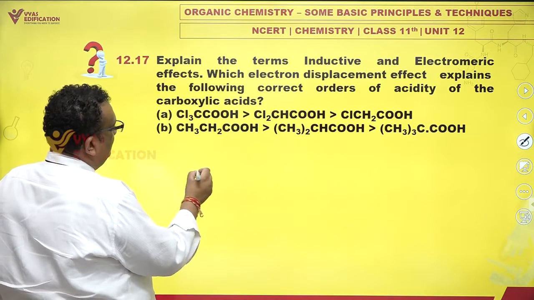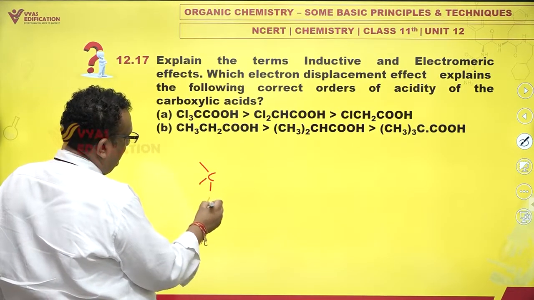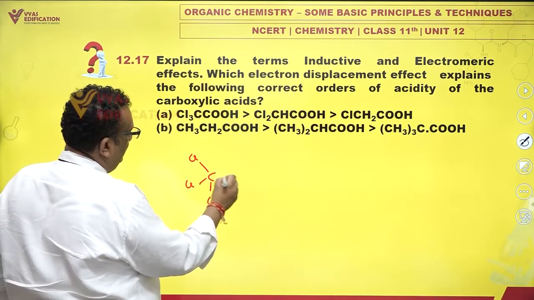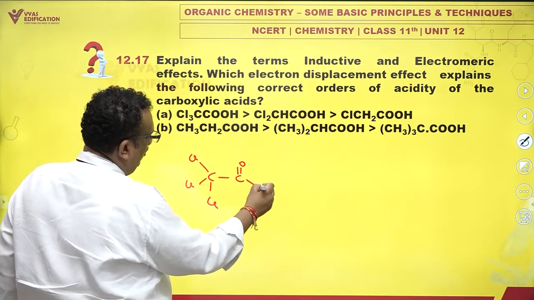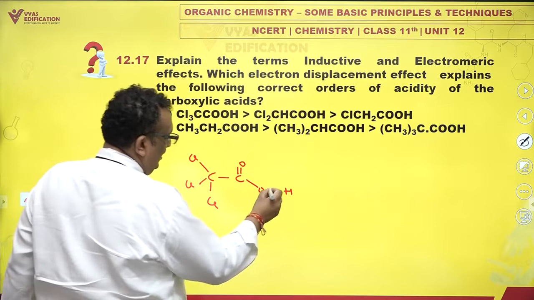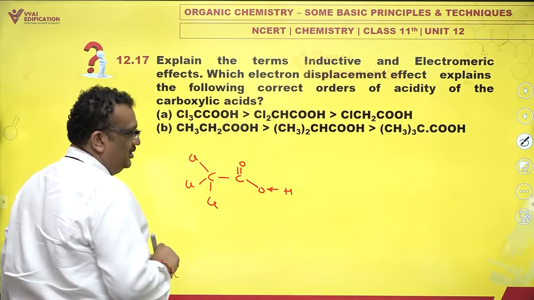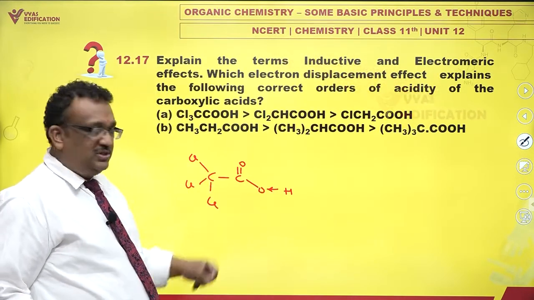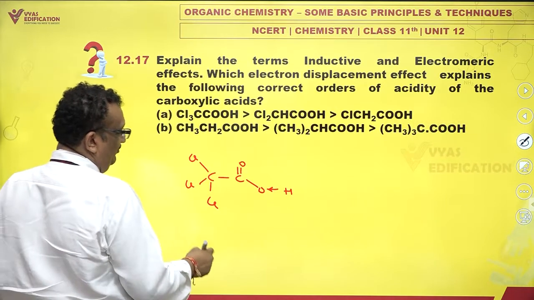You have CCl3COOH. Now please note, this has withdrawn electrons. Oxygen withdraws from hydrogen, fine.